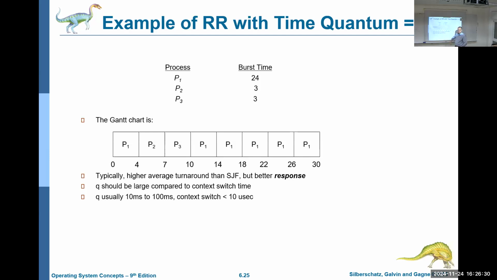The only criteria is the order, first come, first serve, and then the quantum. So we start off with P1, then P2, he finishes, P3, he finishes. Now we go to P1.